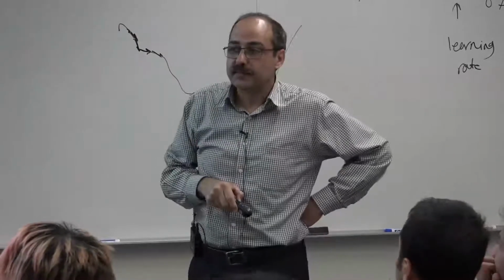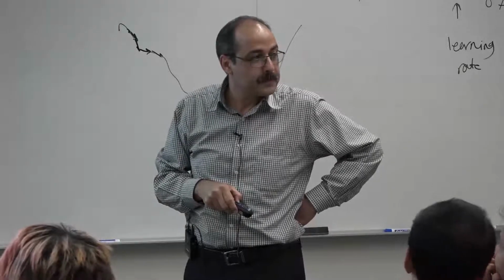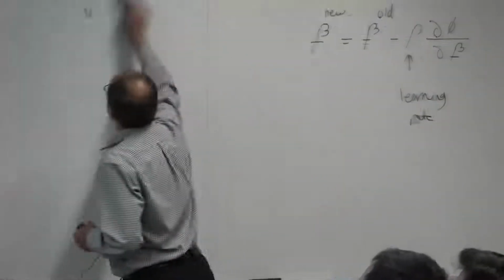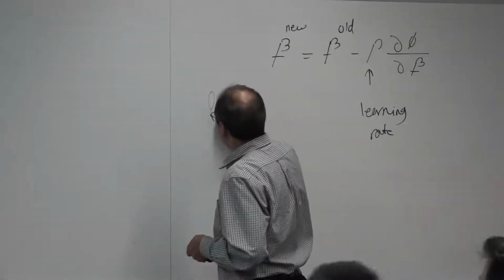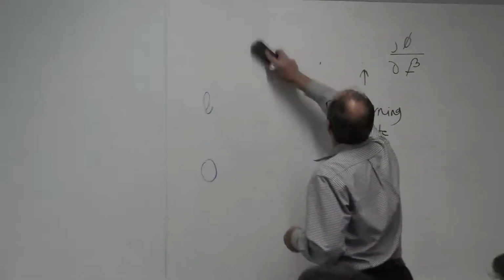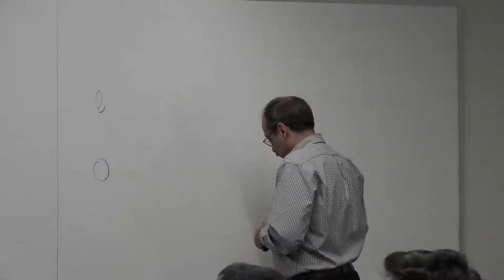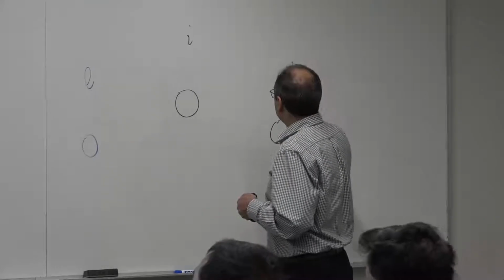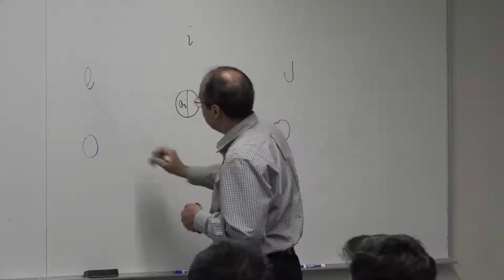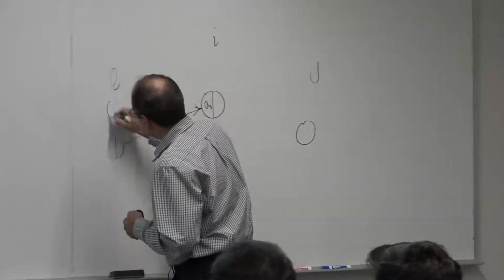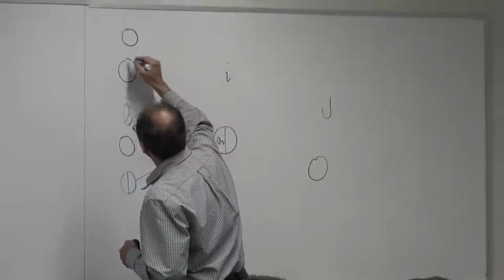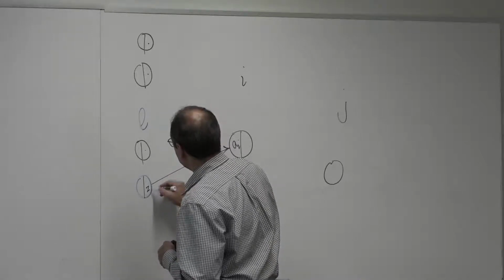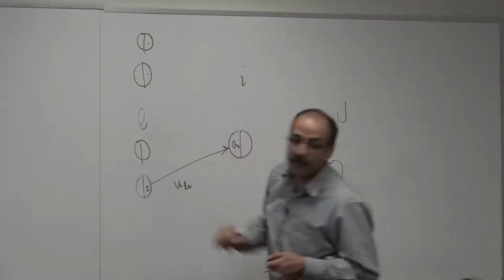Remember, we have layer L, we have layer I, and we have layer J. And AI is simply summation of all of these Z's times corresponding weight.